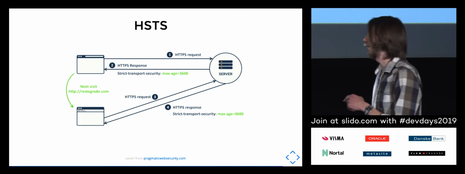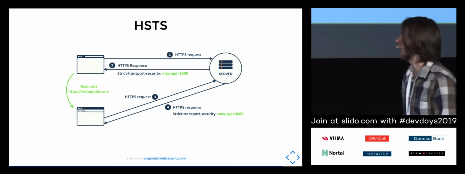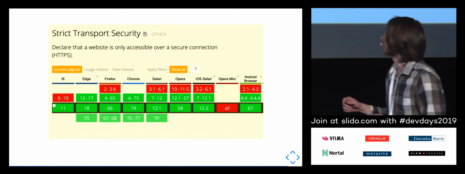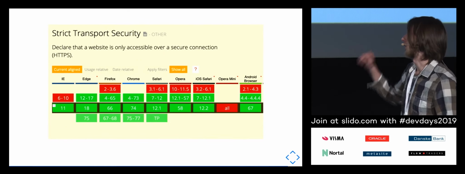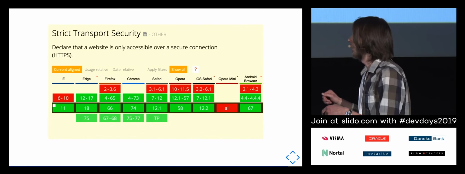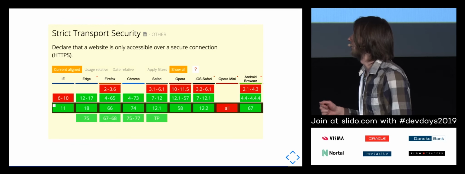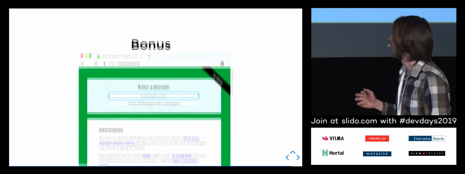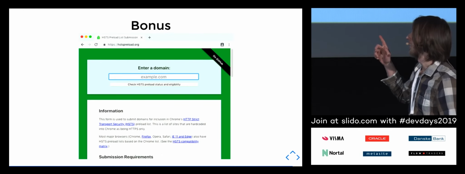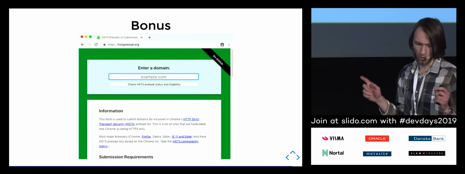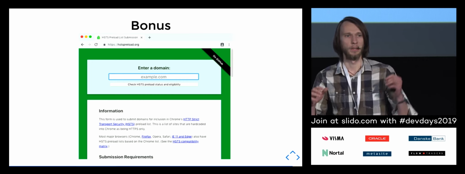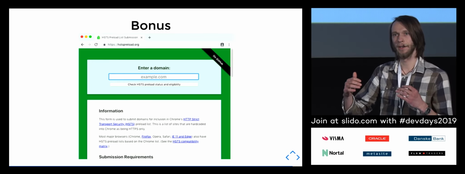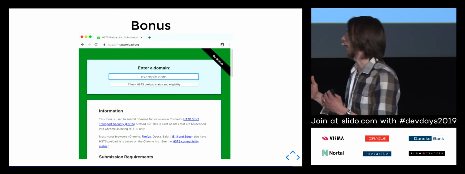But we still can make it even better to prevent this first request. Yeah, that's a good thing about support in browsers for strict transport security. And to prevent this, we have a special resource where you can add your site, a site that uses only HTTPS.